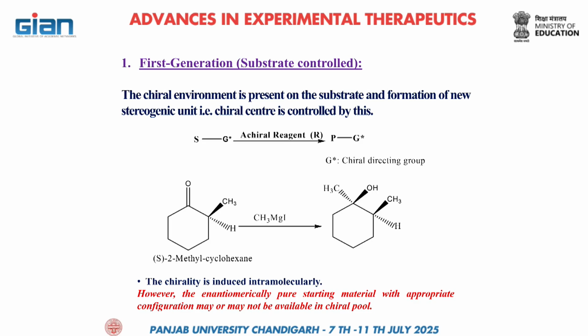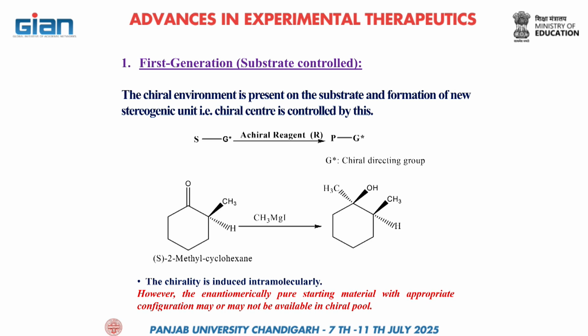So can you see in your product the methyl is attached from the side of the hydrogen? So what you have done in this reaction? If this chiral unit adjacent to your carbonyl group is not present in the substrate, you get 50-50 both the enantiomers. But what you have done? The chiral unit is placed adjacent to the carbonyl group. Now the incoming group will decide to come from the side which has a lower steric hindrance.